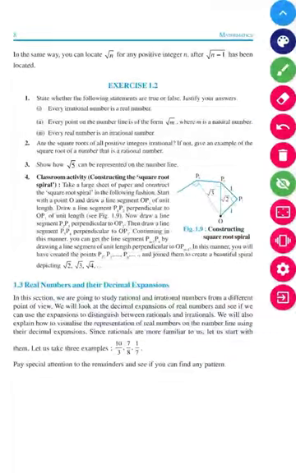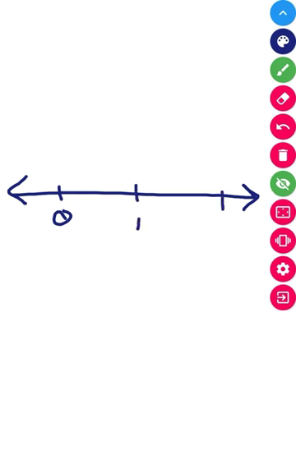So now the third, in which we have to show that root 5 can be presented on the number line. We have to show root 5 on the number line. So we have taken a number line, 0, 1, 2.